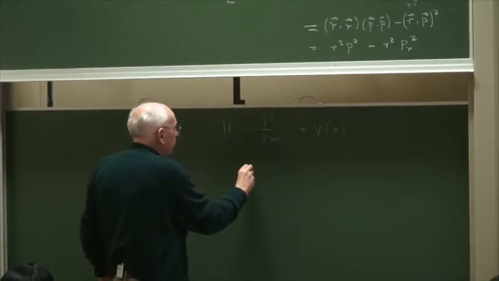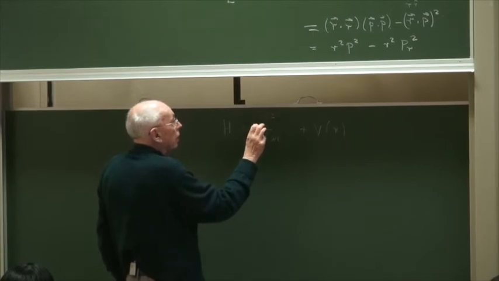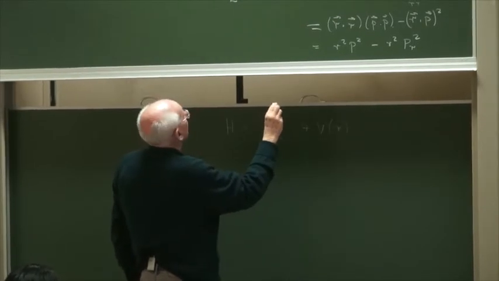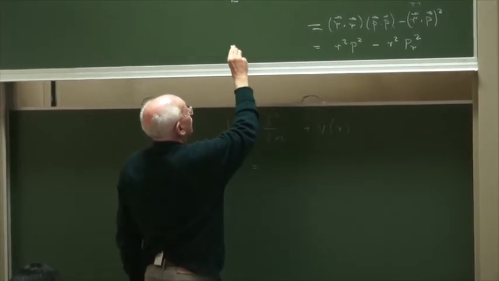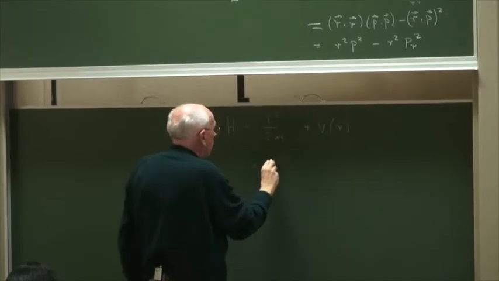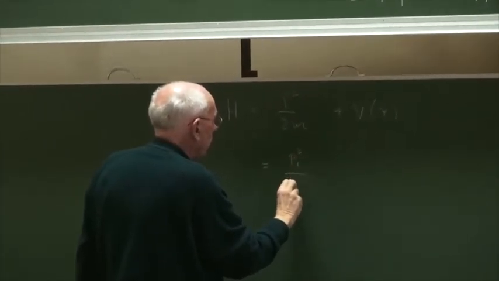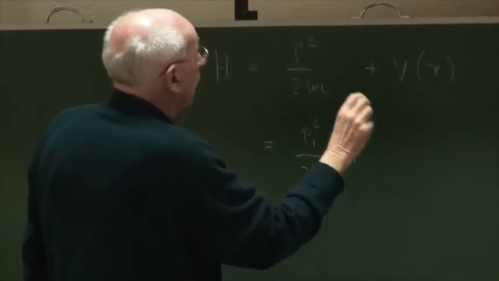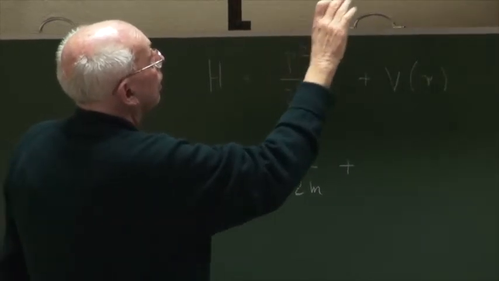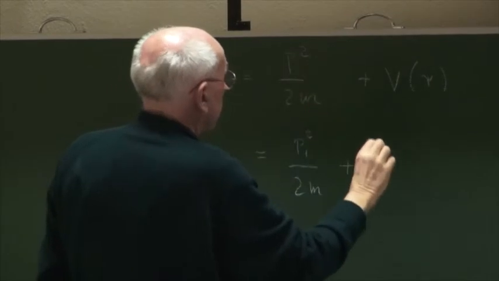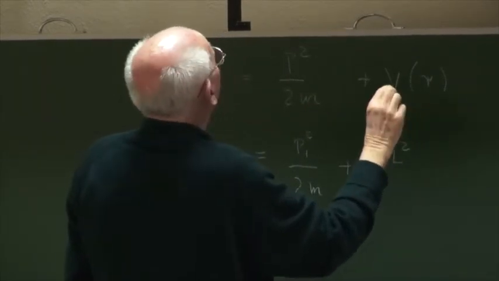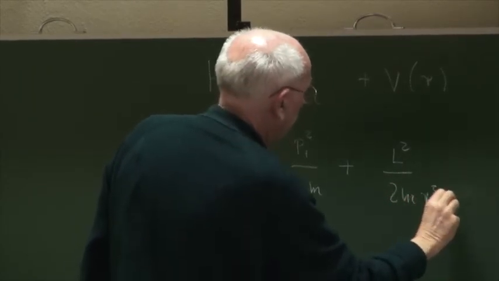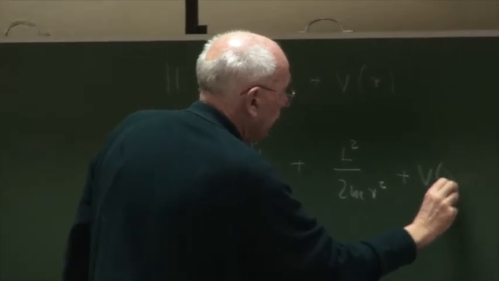So what I get here now is, I divide the R squared through, so I get PR squared over 2m plus L squared over 2m R squared, and then I still have V of R.